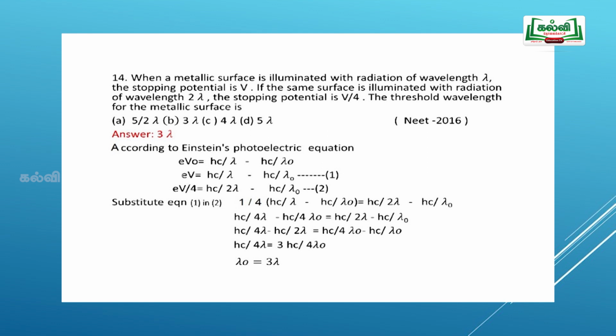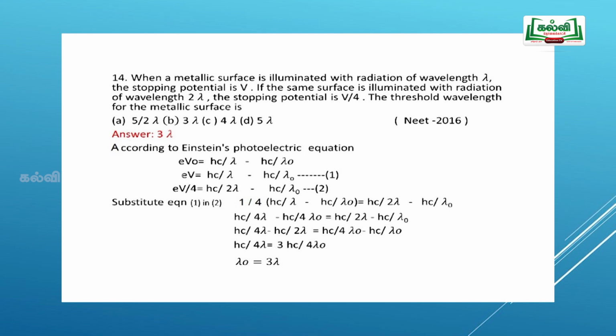In this equation, the eV value can be substituted from equation 1. So take 1 by 4 out, and substitute the RHS of equation 1, which is hc by lambda minus hc by lambda naught, equals hc by 2 lambda minus hc by lambda naught. When you remove the bracket, you will get hc by 4 lambda minus hc by 4 lambda naught equals hc by 2 lambda minus hc by lambda naught.